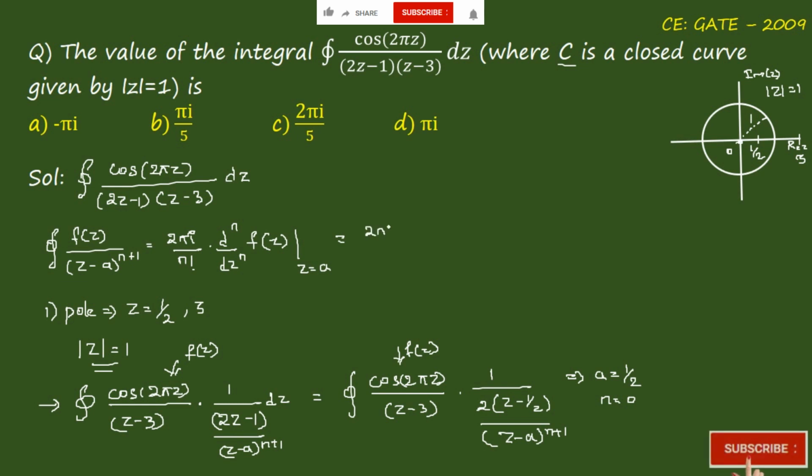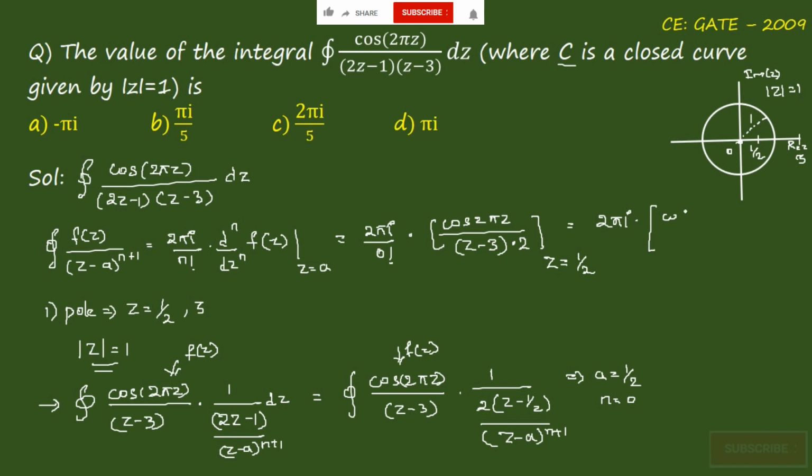2 pi I by 0 factorial into, now n is 0, so no need of using differentiation. From the f of z, it becomes cos of 2 pi z by z minus 3 into 2 also comes into picture, right? Of z is equal to a is nothing but 1 by 2. So which is equal to 2 pi I into, substitute the values here. 0 factorial is 1.